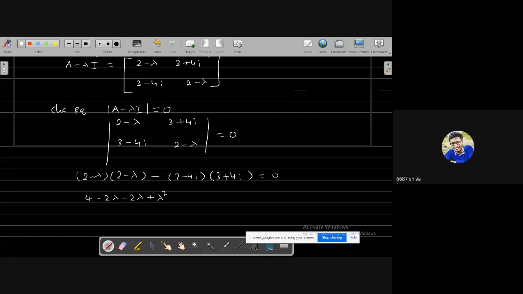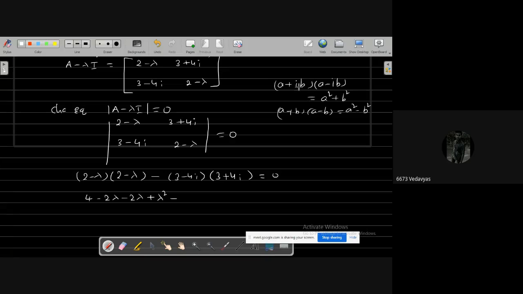One more thing: (a plus ib) into (a minus ib), what is its value? When it is a plus b, a minus b, it is a square minus b square.